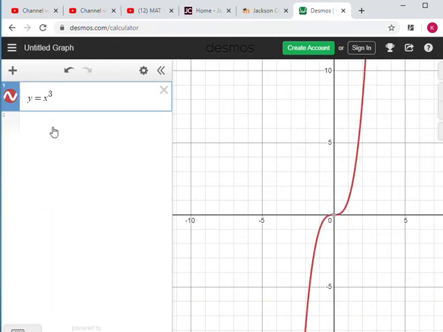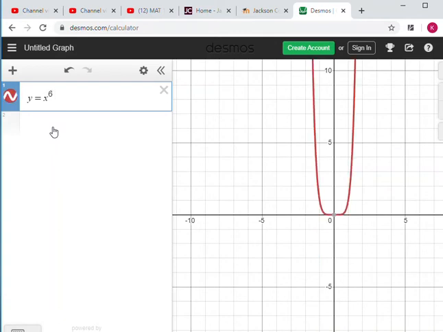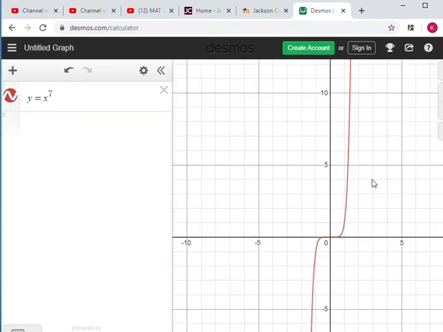Watch what happens if I change the exponent. There's x cubed, and there's x to the fourth, and x to the fifth, and the sixth, and the seventh. Are you noticing a pattern? All of the odd power functions have similar looking graphs.